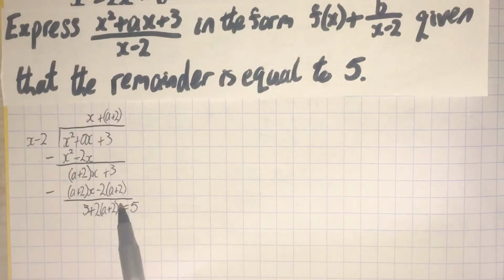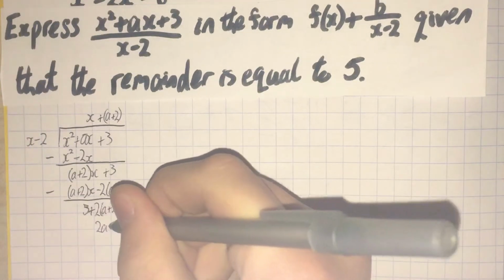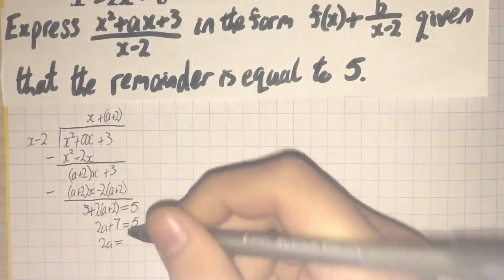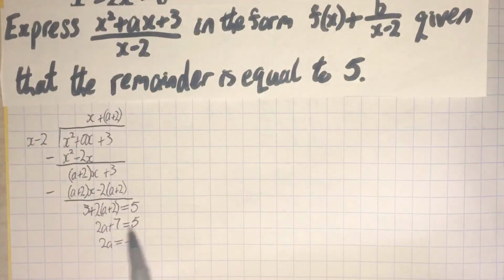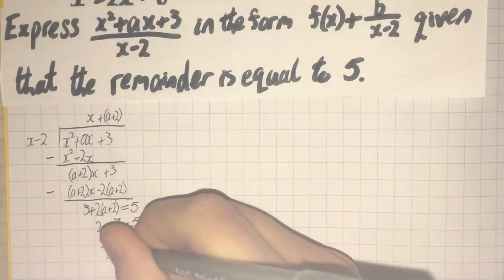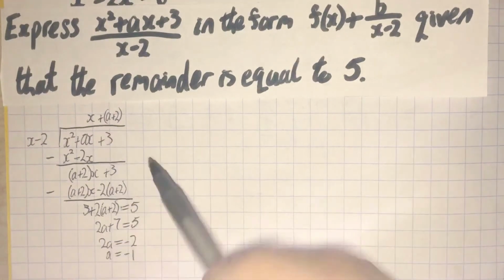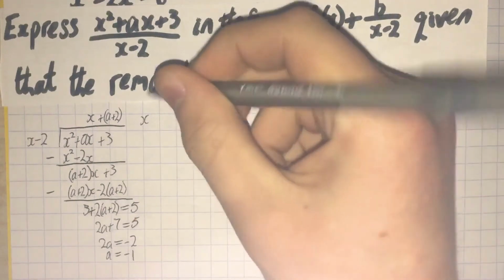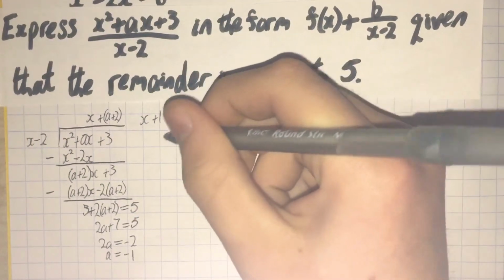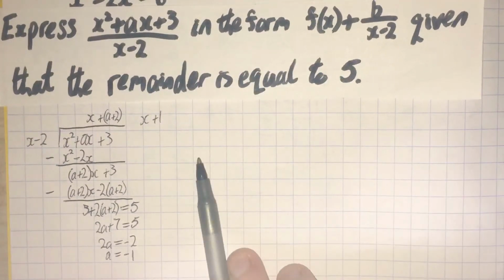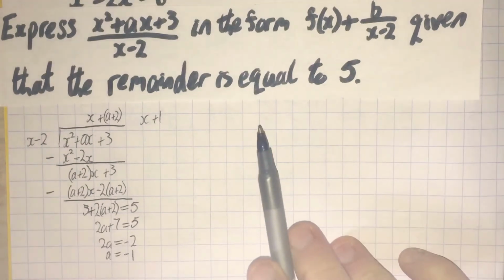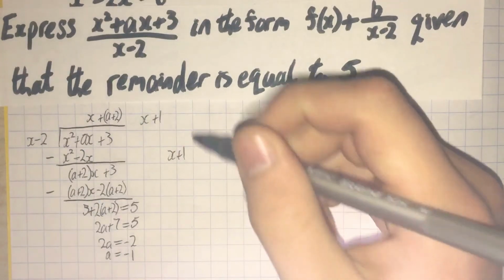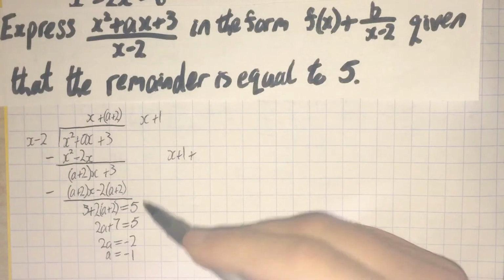So therefore, we'll simplify this down, so we'll get 2a plus 7 equals 5, meaning 2a equals minus 2, because 5 minus 7 is minus 2, which means a is equal to minus 1, meaning up here that we've got x plus 2 minus 1. 2 minus 1, of course, is 1, which means we've got plus 1, which means that our final answer will give us our x plus 1 from here, plus our remainder, which is 5, don't we forget.